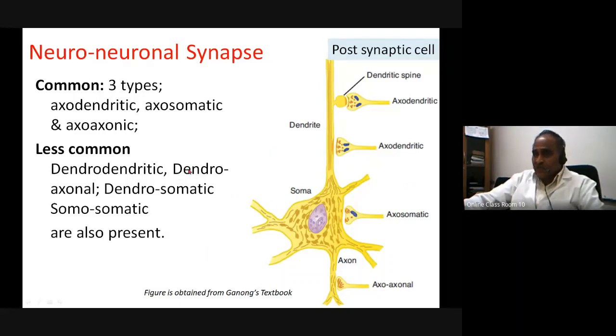So what is not possible? Dendroaxonal is not possible, but dendrodendritic, dendrosomatic, somatosomatic are also possibilities, but they are less common. These are the very frequent or common types of synapse, neuronal synapse.